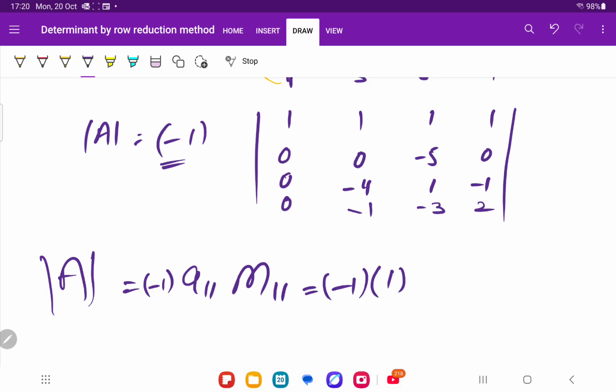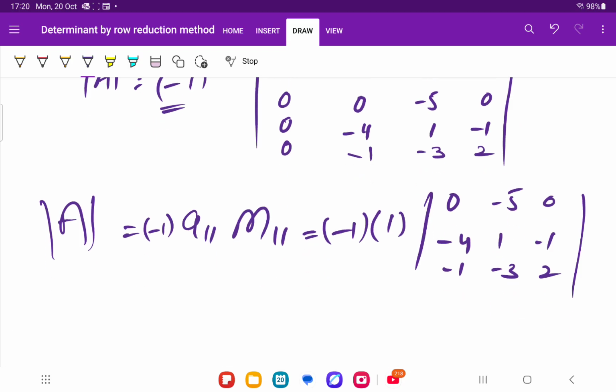How do we calculate the minor? For the minor, exclude row 1 and column 1. What is remaining is 0, minus 5, 0, minus 4, 1, minus 1, minus 1, minus 3, 2. That is the minor M11.